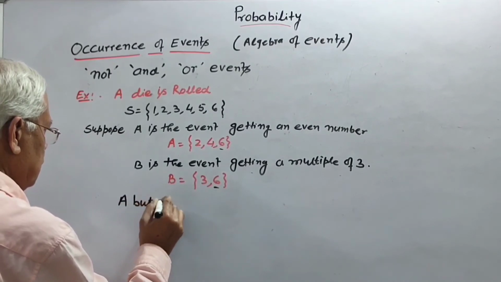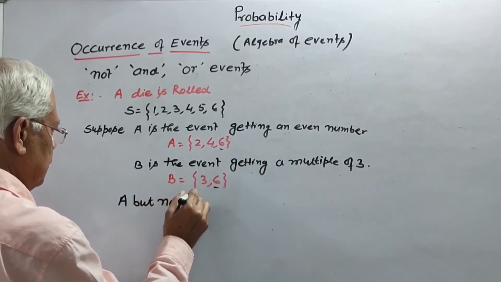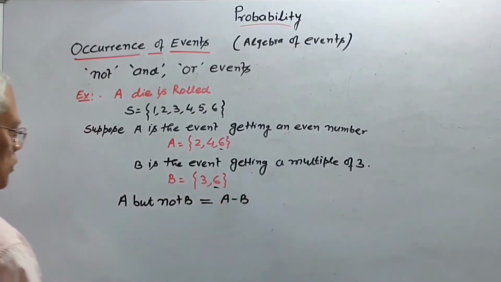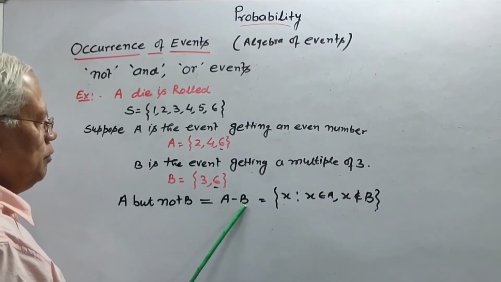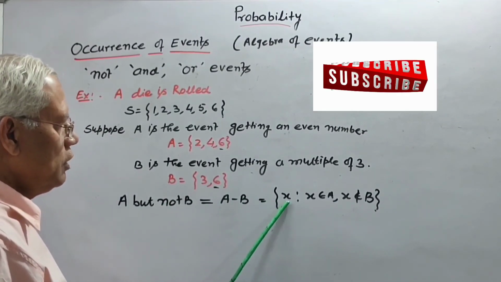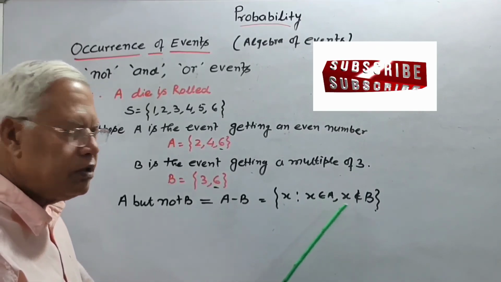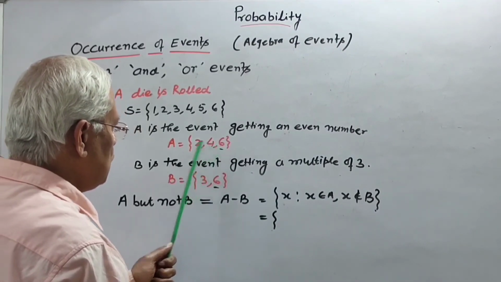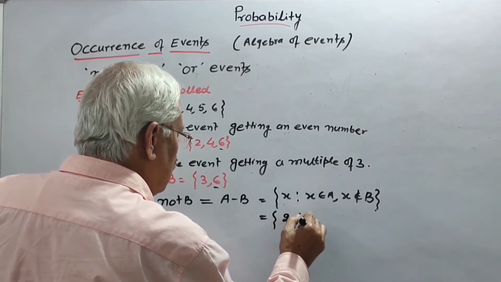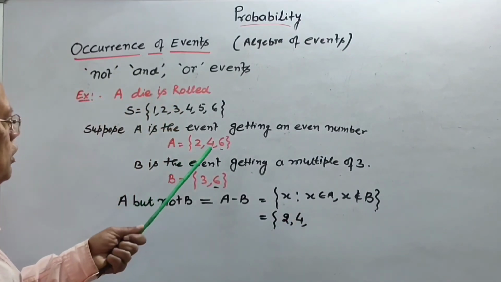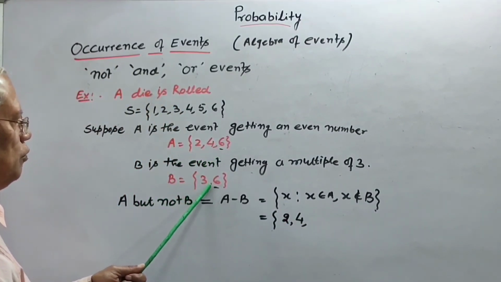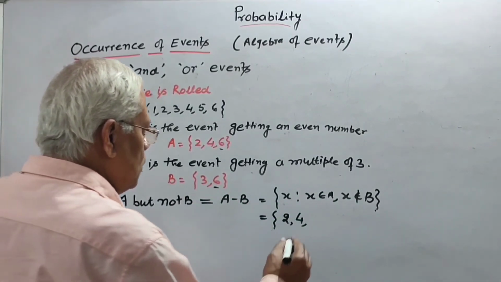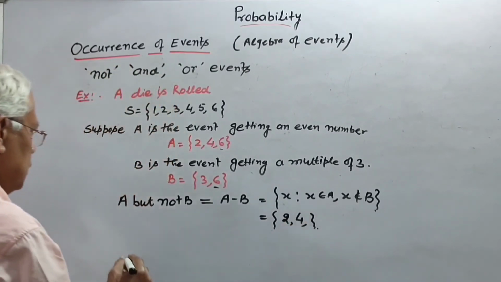A but not B means A minus B. That is the elements X such that X belongs to A but X does not belong to B. So X belongs to A, that is 2, 4, 6. But we will not take 6. Why? Because it belongs to B. As per definition, A minus B means does not belong to B.